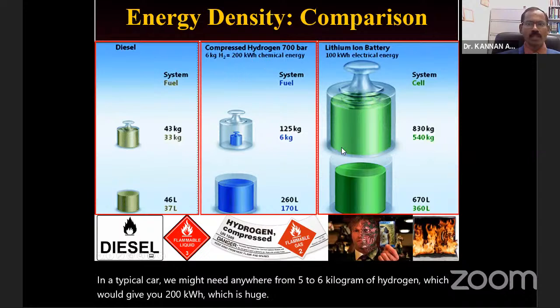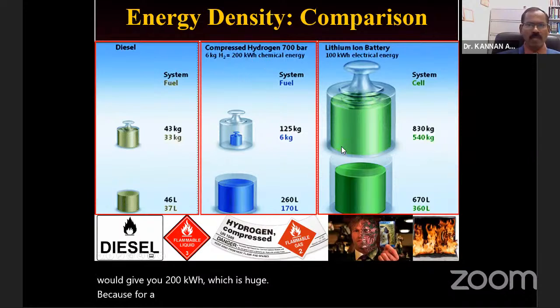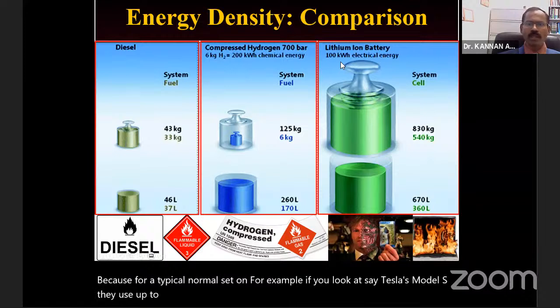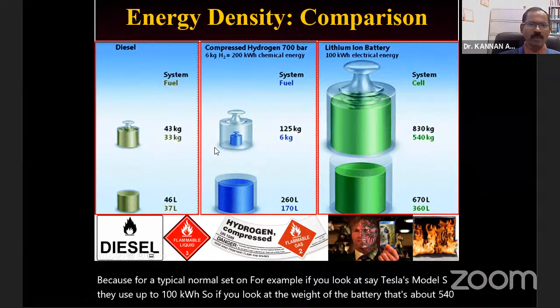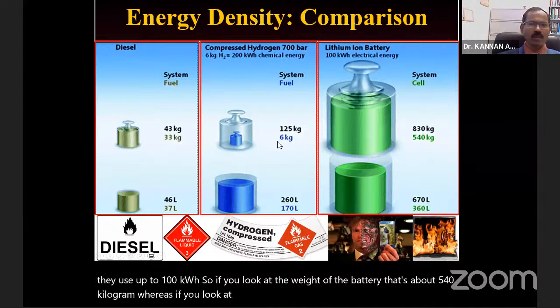Because for a typical normal sedan, for example, Tesla's Model S, they use up to 100 kilowatt hour. If you look at the weight of the battery, that's about 540 kilogram. Whereas for hydrogen, you only need 6 kilogram of hydrogen.